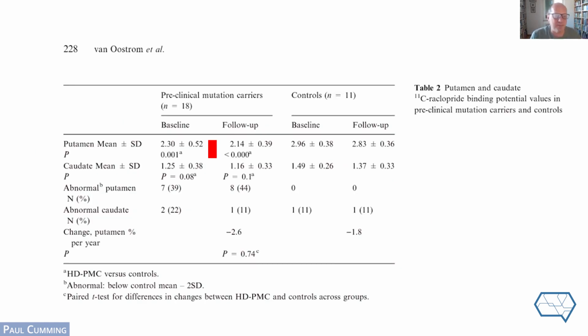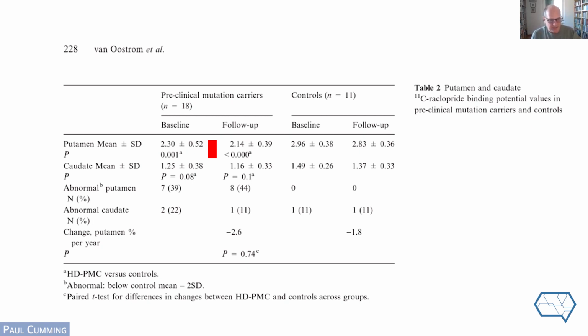And it's numbers, but it shows what a fine point this is. Never mind the units, but binding potential is the standard unit for receptor binding studies by PET. We call it BP, which sounds like blood pressure, but it means in this context binding potential.